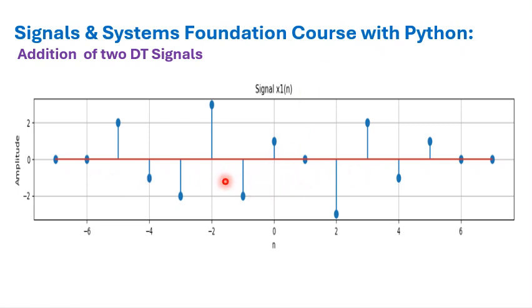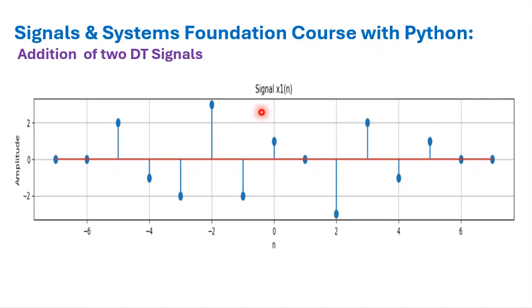On the negative side, this index value is -1, this is -2, this is -3, -4, and so on. Hopefully you understand the difference between the discrete time signal and the continuous time signal. In the case of continuous, you have variables such as t, and the values are also continuous.